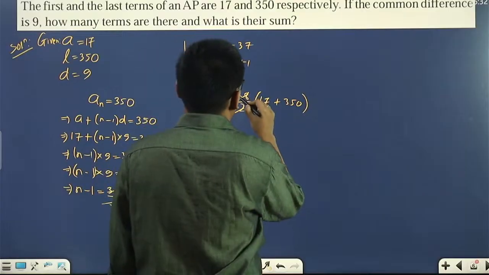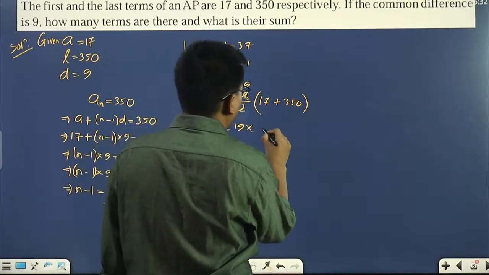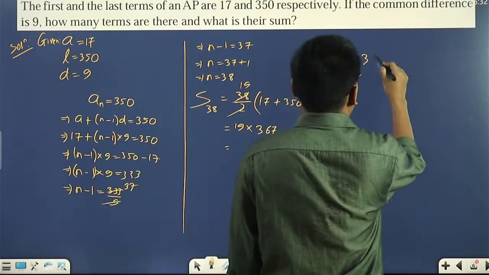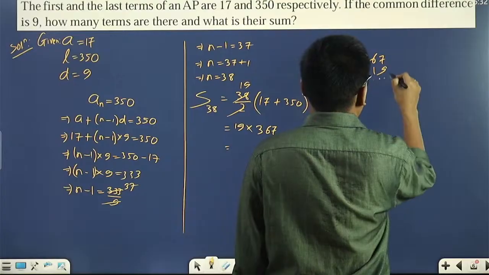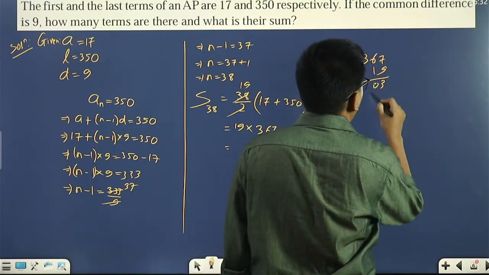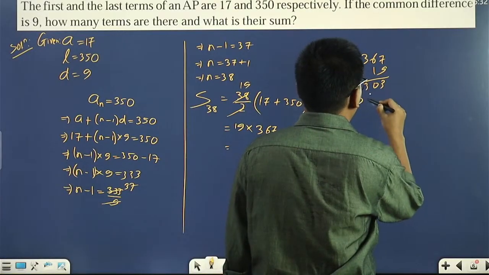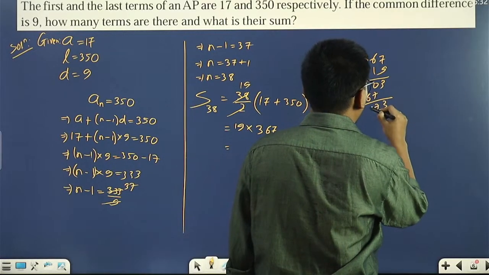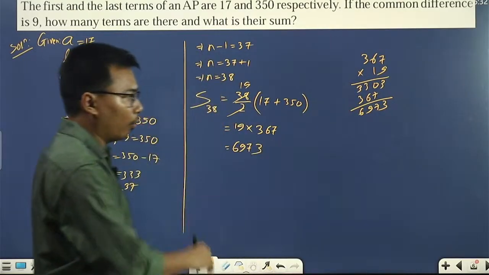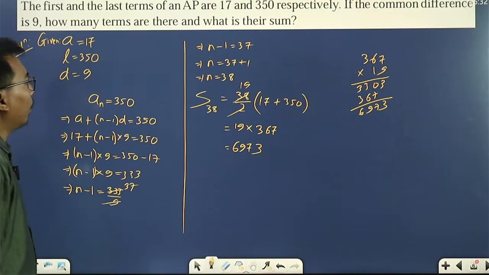So it will be 19 into 367. Okay, let's multiply this: 367 into 19. 7 9s are 63, 6 9s are 54, 3 9s are 27, so the answer is 6973.